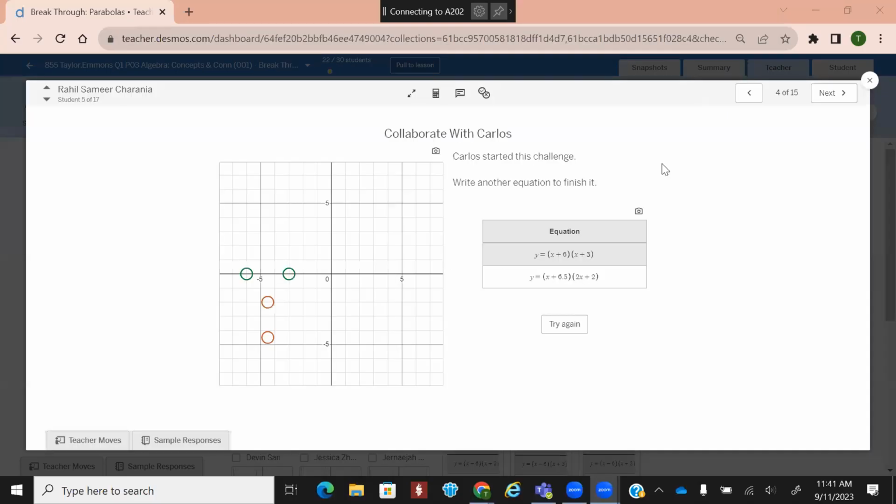On this one, this is what he got. He got the first part pretty good, and then that second one, it didn't go through here. How can we make it go through this point?